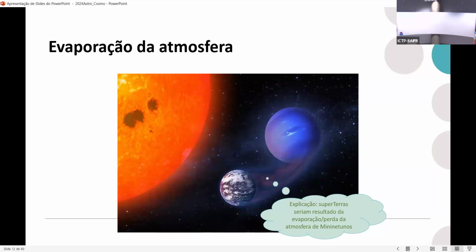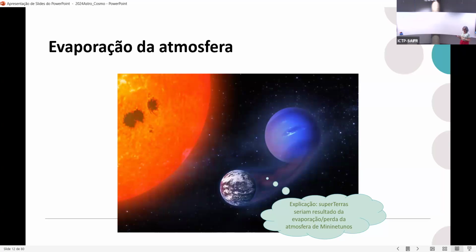And the main explanation now is that, first of all, the planets were Neptunians, and then due to the interaction with the star, basically through photoevaporation, the ultraviolet flux from the star evaporated their atmosphere, and so we were left with a bare core, which is terrestrial, which is rock. And so what we see is super Earths.